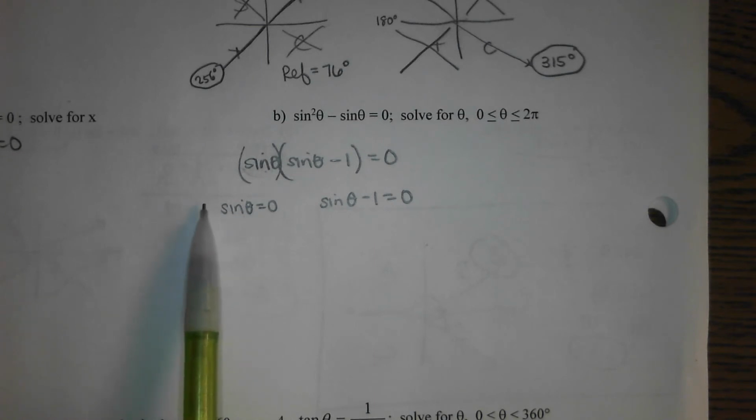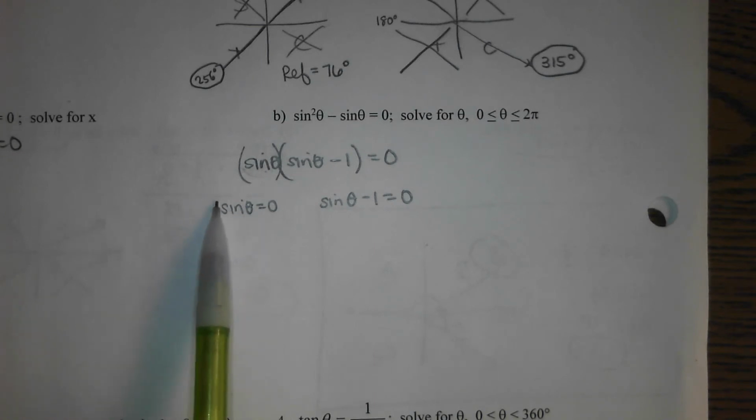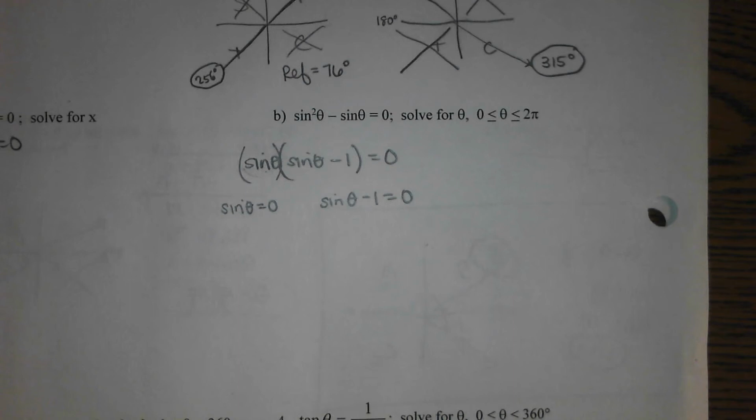That equals 0 at 0 radians, and again at pi radians. When sine is 0, the y-coordinate is 0. That's happening here at 0 degrees or 0 radians, and also here at 180 degrees or pi radians. It's consistent in terms of pi. Our two answers for that are going to be 0 and pi.